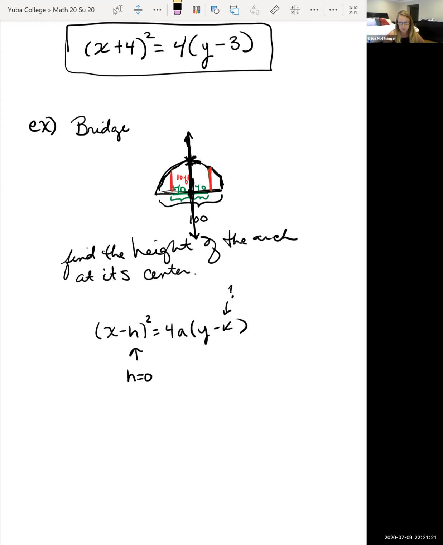We know some points on our parabola. We're given 2 points, or 1 point, but we really have 2 points. We have this point here and this point here. So 40 this way, we could say that as x equals 40, my y value is 10. I also know when x is negative 40, my y value is also 10.